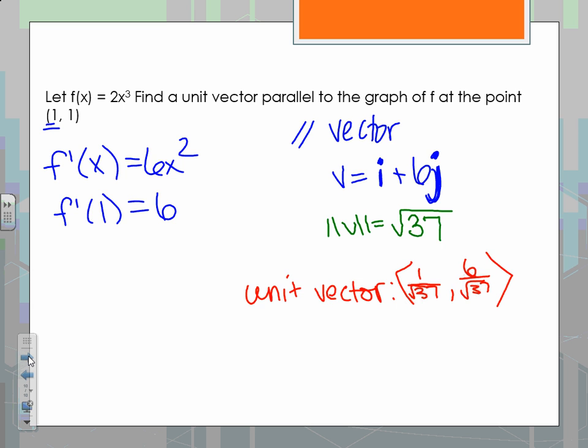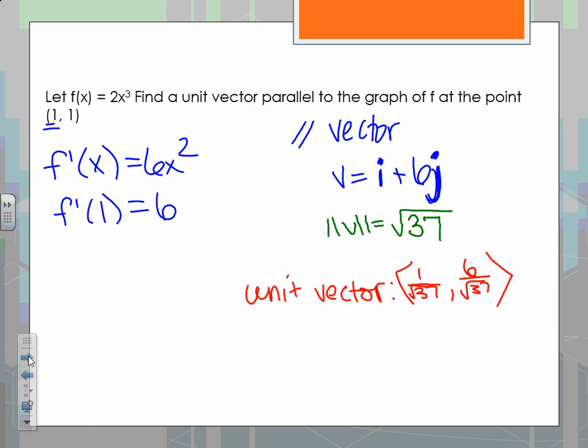Now, could I write this as the vector negative 1 over radical 37, comma, negative 6 over radical 37, and it still be parallel? Yes, so there's two different answers here. One that goes positive and its opposite.